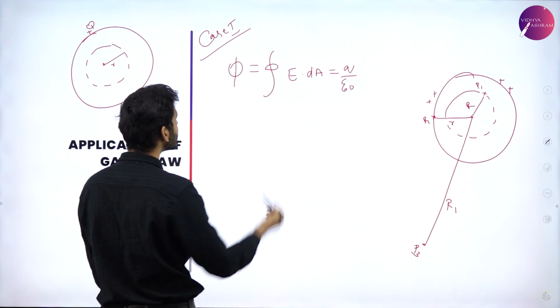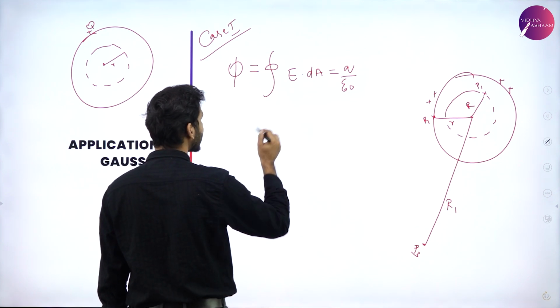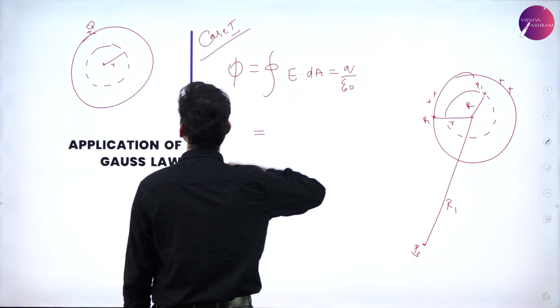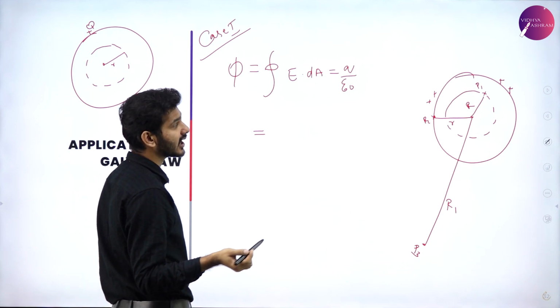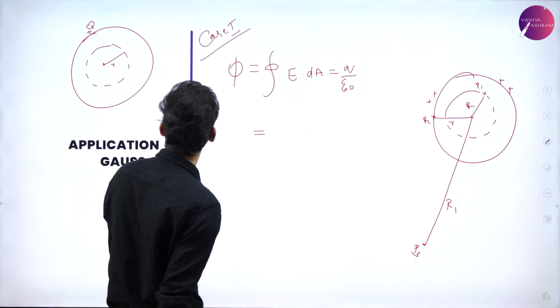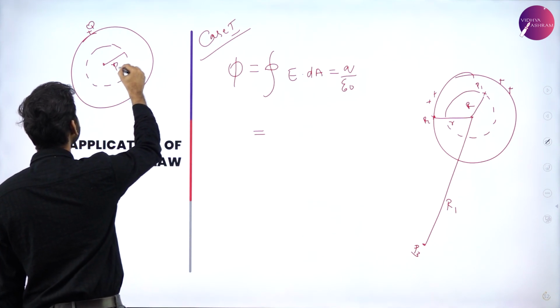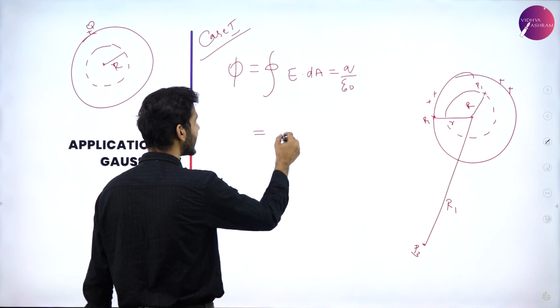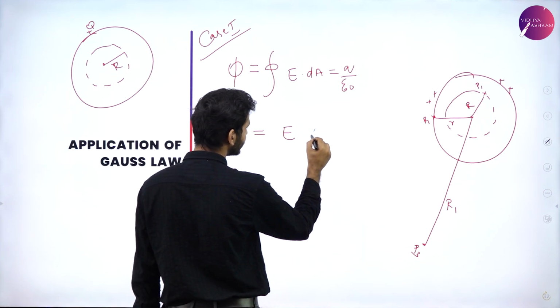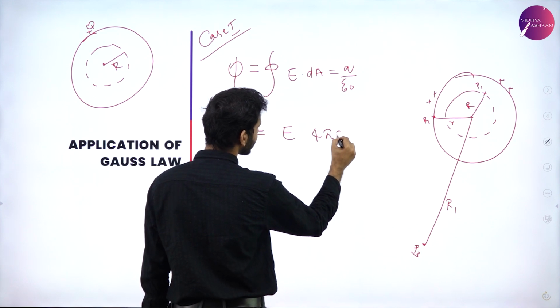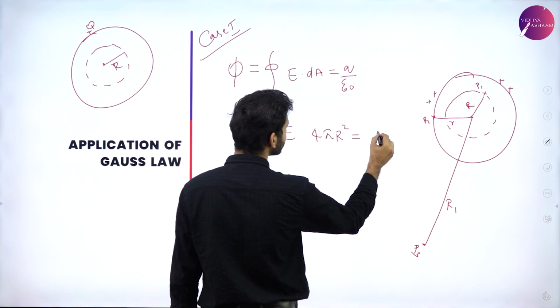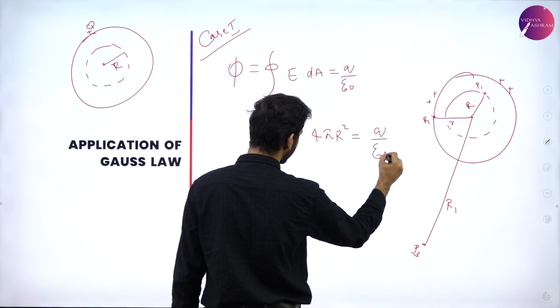We know that the area of the sphere is given by 4 pi r square, in this case capital R. So we can say that E into 4 pi capital R square is equal to Q by epsilon naught.